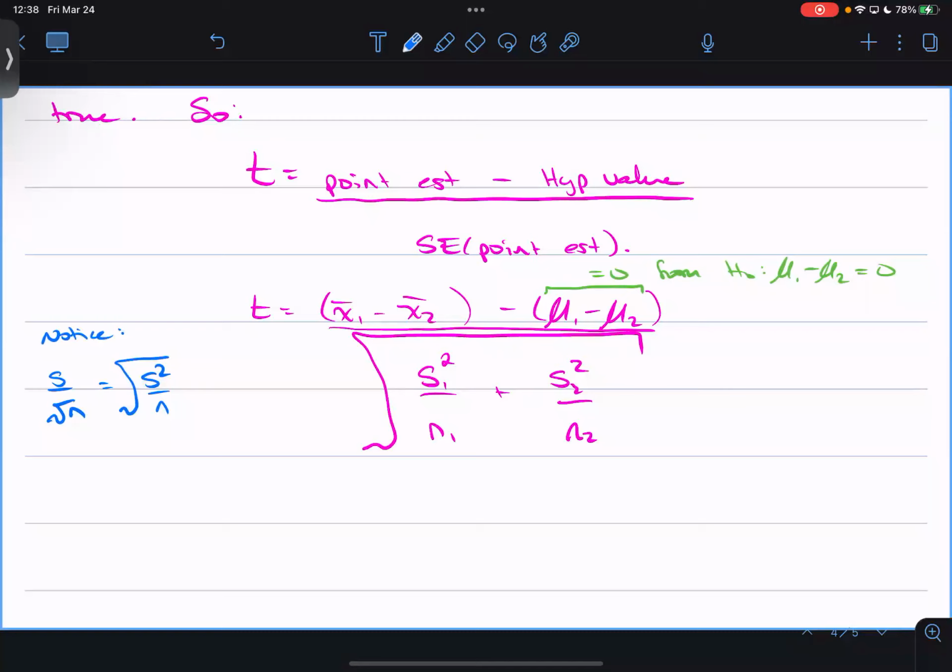So notice, and if this part doesn't make sense or doesn't help at all, then just ignore it. I just wanted you to see that it's basically the same, except now we have two samples, so two different standard deviations, two different sample sizes, and we need to be able to handle that.